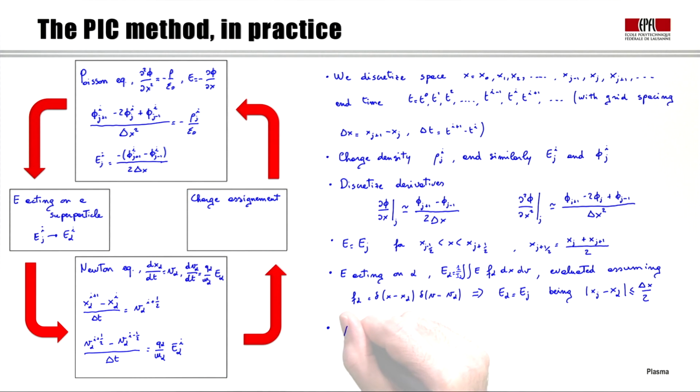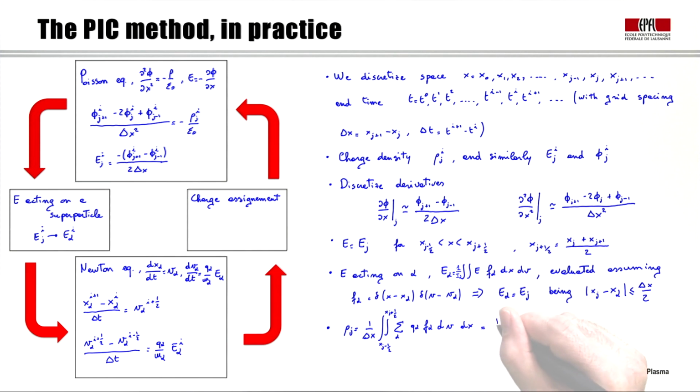We will notice that rho j will be given by 1 over delta x times the charge contained inside each cell, which is given by the integral of the distribution function that we have approximated as the sum over all the superparticles, which all have a charge q alpha, integrated over the velocity direction, and over the grid in spatial direction from x j minus 1 half to x j plus 1 half.